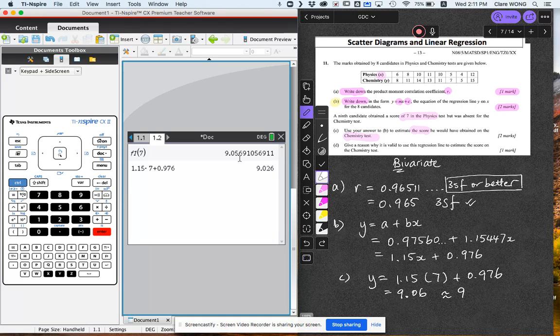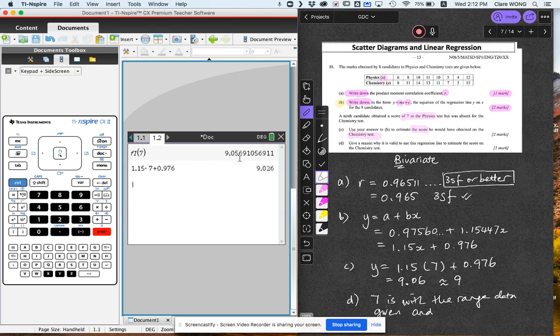Part D, give a reason why it is valid to use this regression line to estimate the score. Because 7 is within the range of data given, and what else can you say?